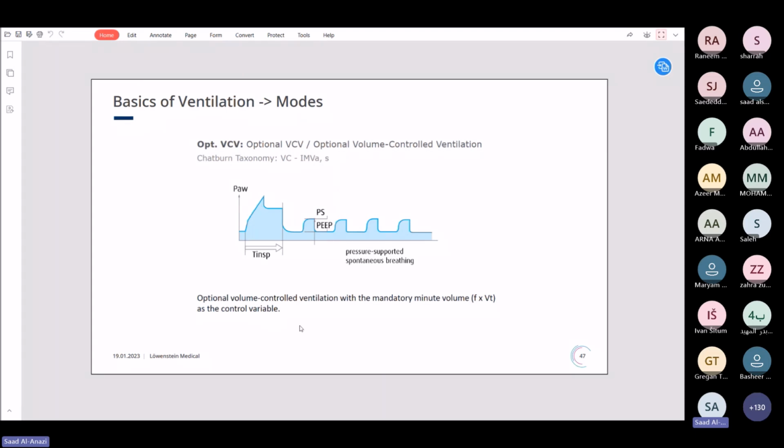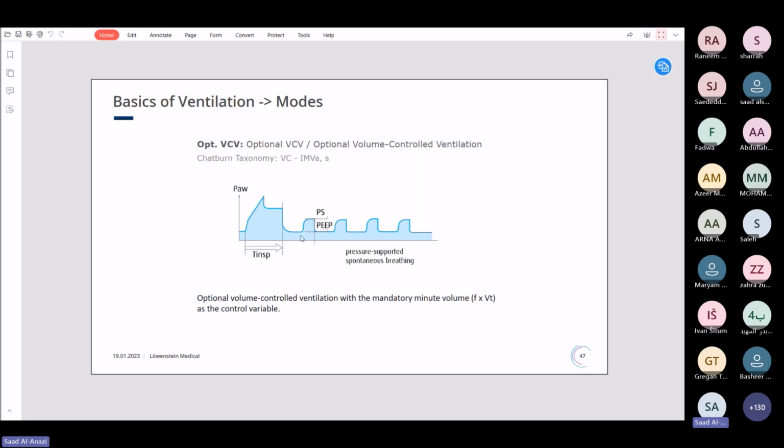Then it will adjust the breathing based on the window that you have for optional mandatory minute ventilation. It's a really great mode for adult populations. As you see, optional volume control ventilation with the mandatory minute volume as the control variable.